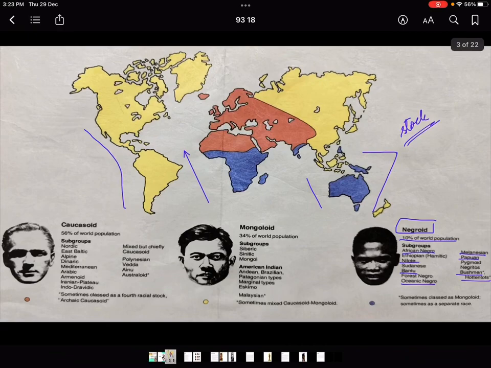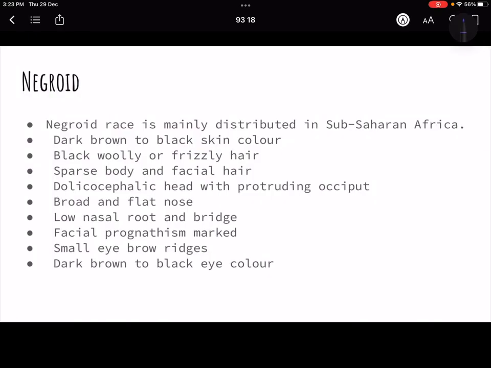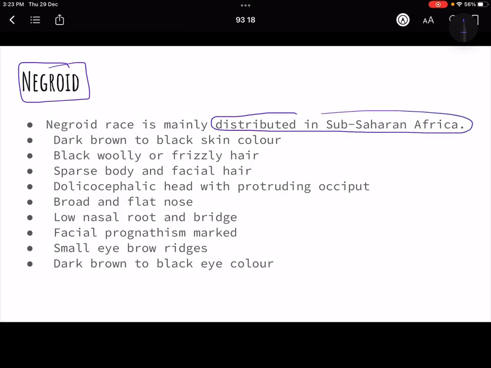So let's start, but first let us revise what a Negroid is. A Negroid is basically a race that is mainly distributed in sub-Saharan Africa. We have seen that, okay. Then the hair, as I told you that day also, remember hair, skin and eyes. If one is dark, most of them are going to be dark.